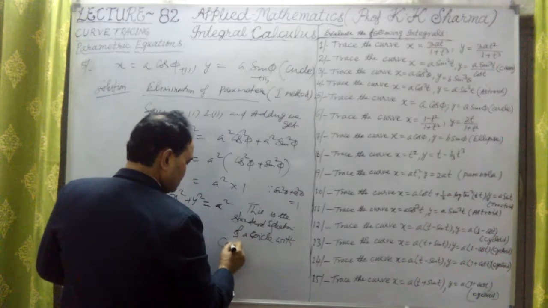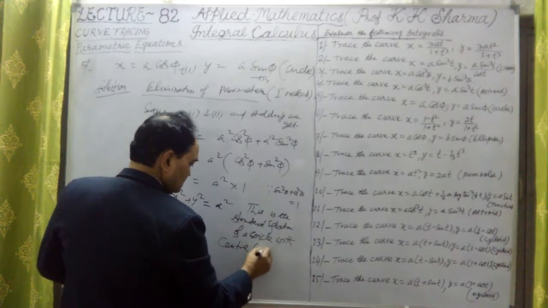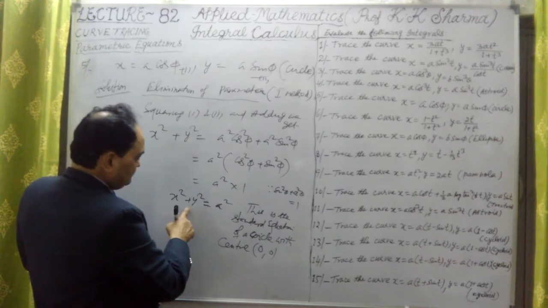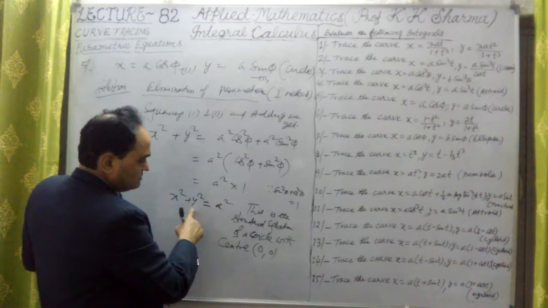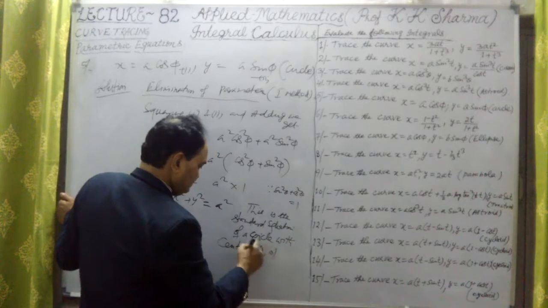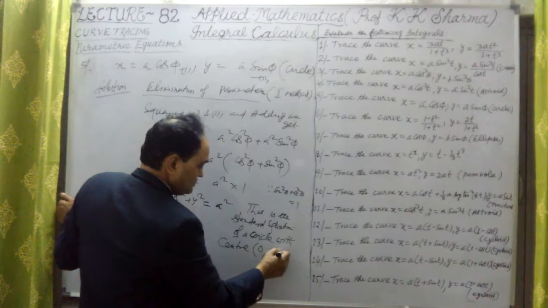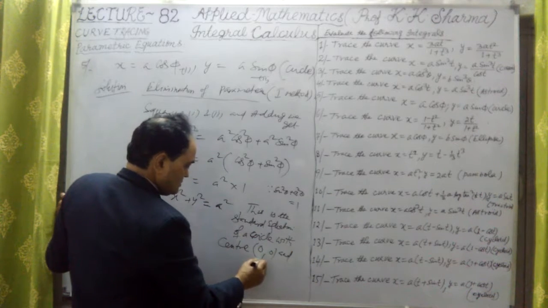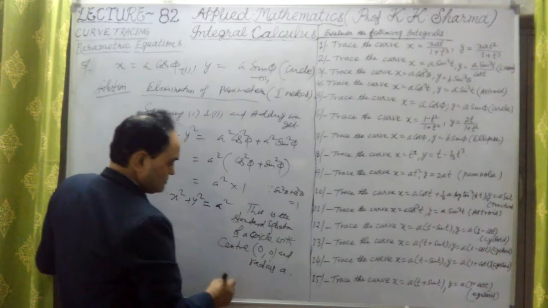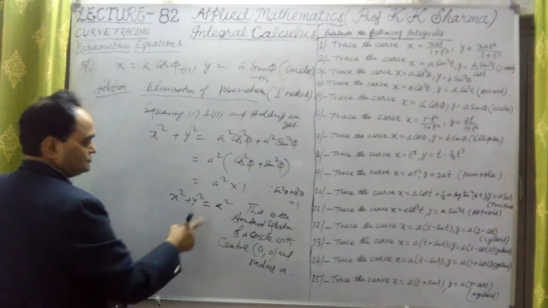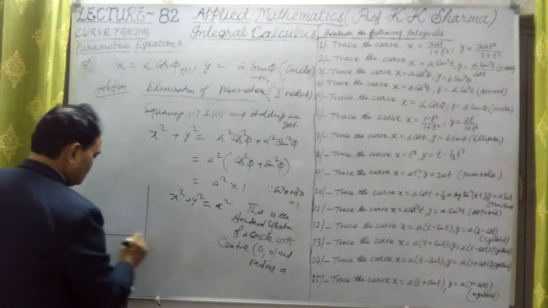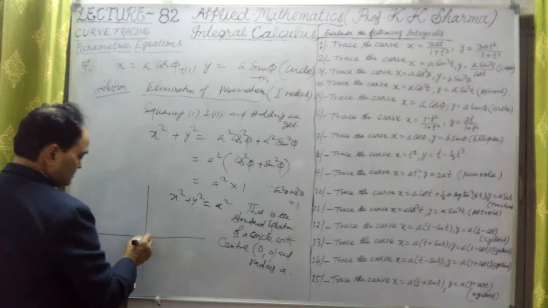With center, in this case, 0, 0: x minus 0 whole square plus y minus 0 whole square equal to a square, with radius a, center 0, 0. So the figure of the circle, we know about this. The center is 0, 0.